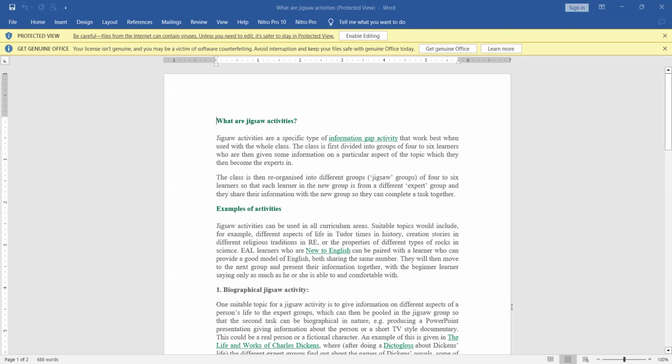They have to know all the information possessed by all 4 members. So they have to discuss with each other to do the activity. All should be gathered together to do the activity. But anyway, there are ways of conducting jigsaw activities, so let me talk to you about it by showing this.